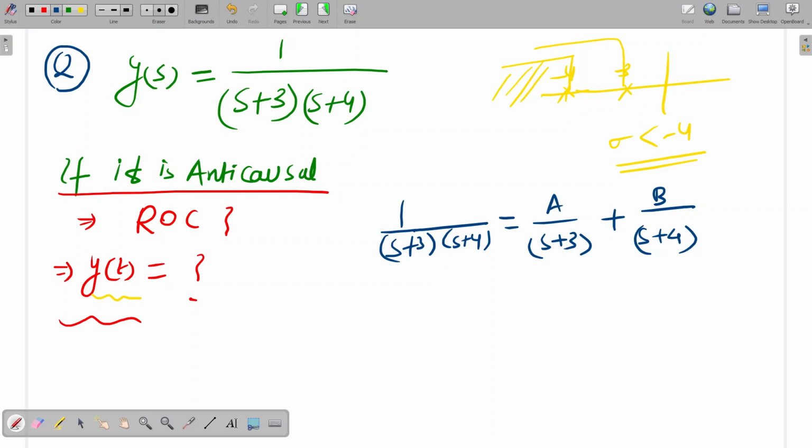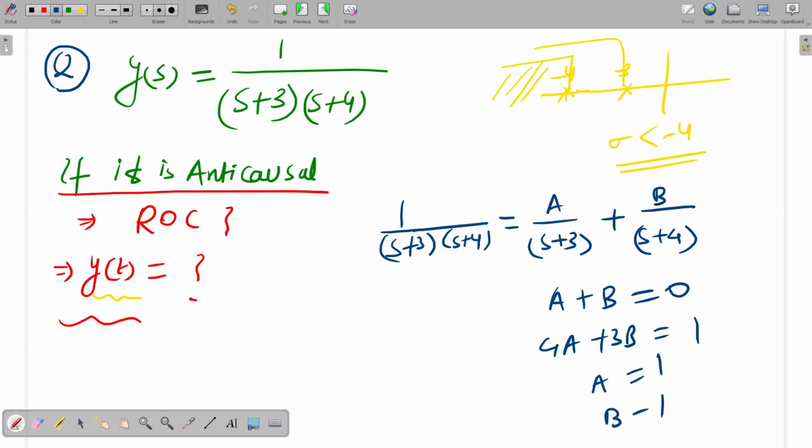From here we can get the a and b values. So a plus b is equal to 0, and the other equation, 4a plus 3b is equal to 1. How much are we getting? A is equal to 1 and b is equal to minus 1.